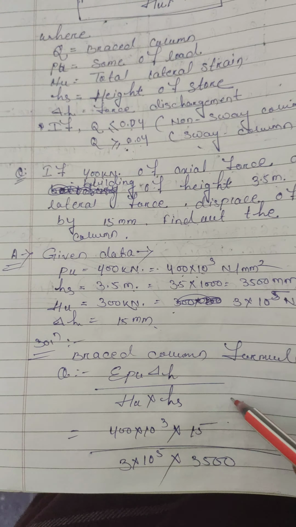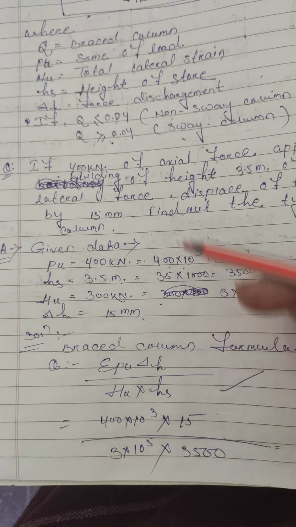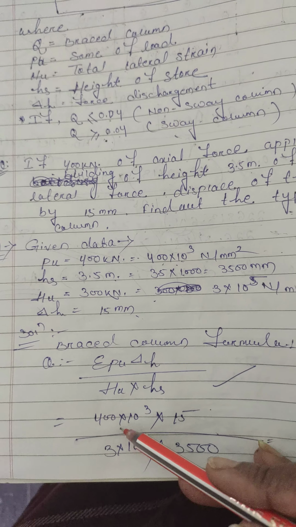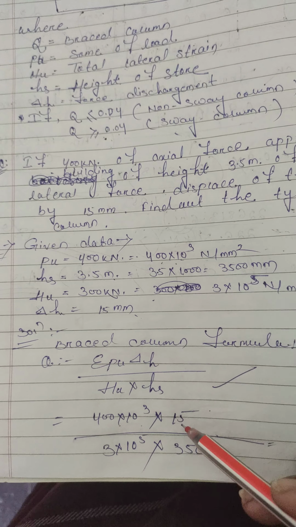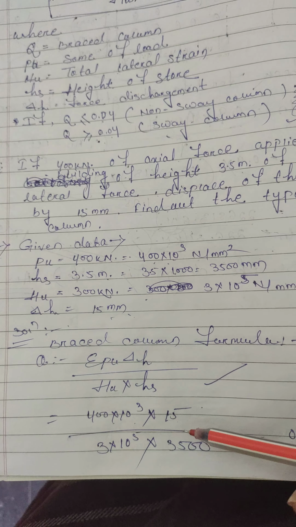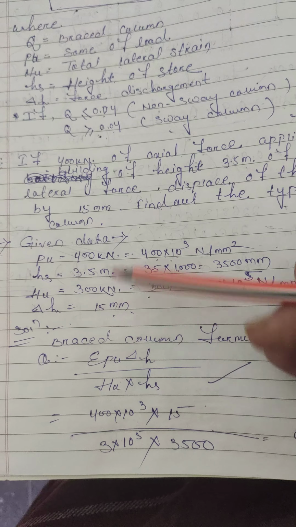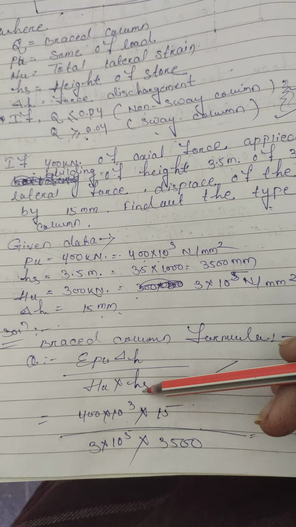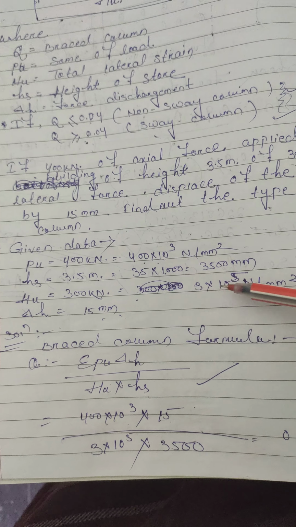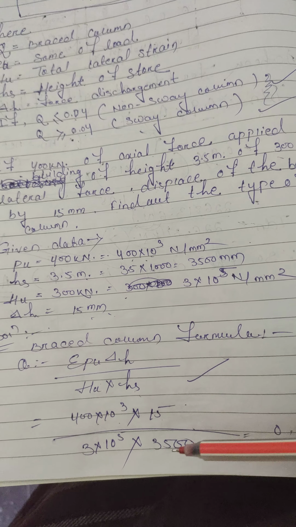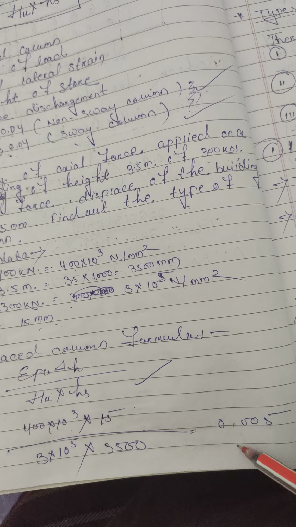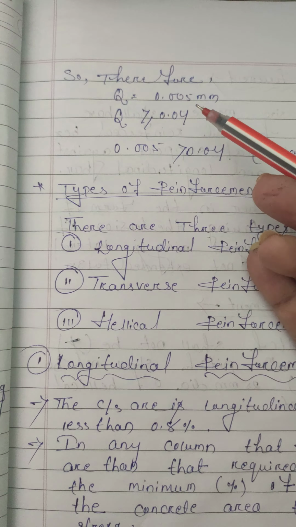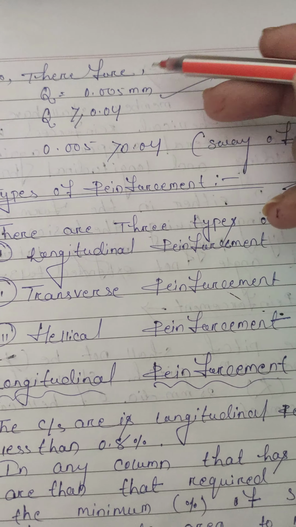Put in the given data: PU equals 400 into 10 to the power 3, del H equals 15 mm, HU equals 3 into 10 to the power 5, and HS, the height of the building, is 3.5 meter, converted into 3500 mm. So the answer is 0.005.